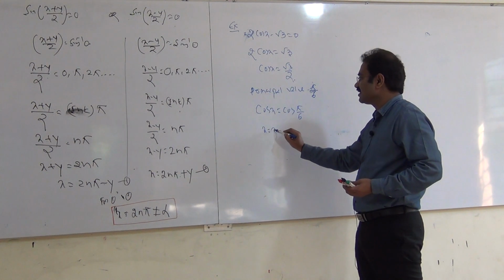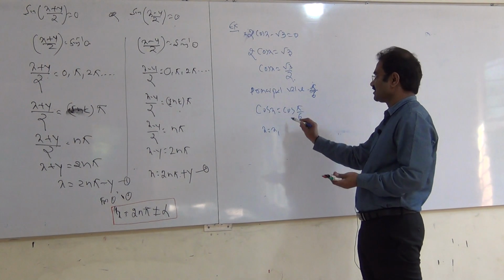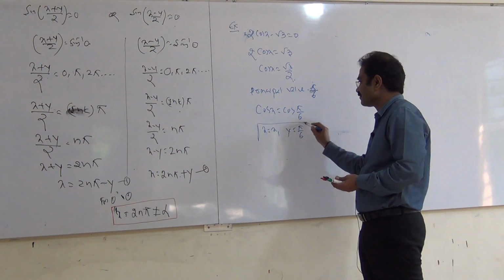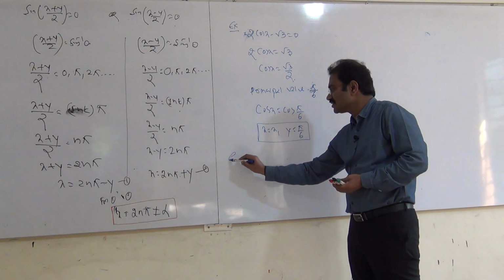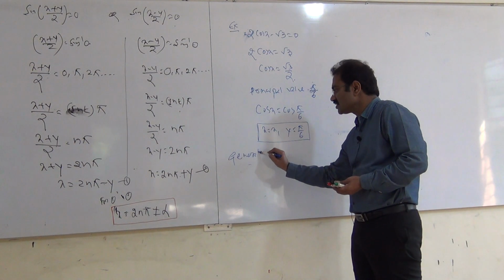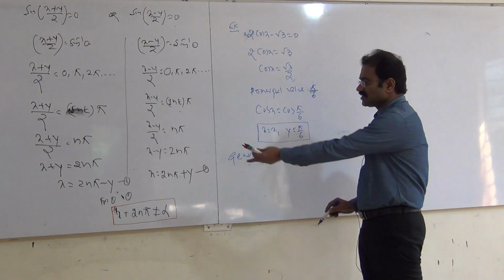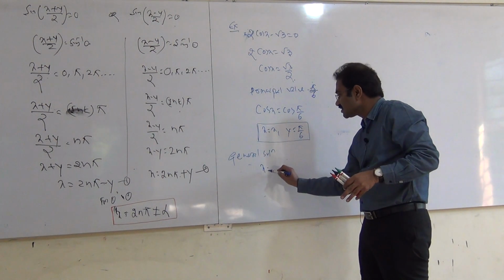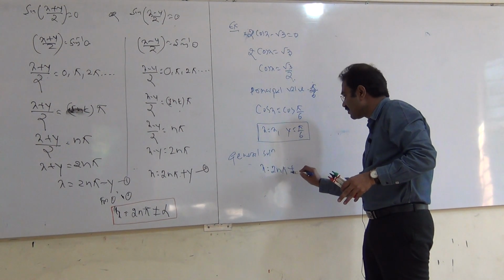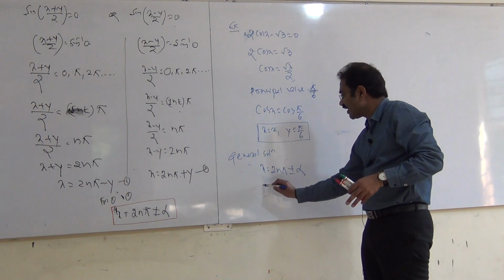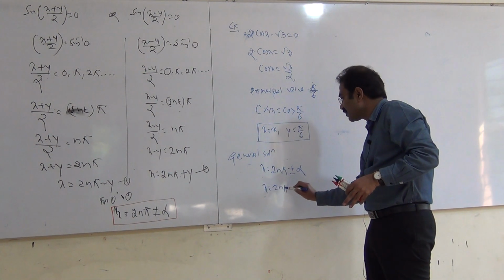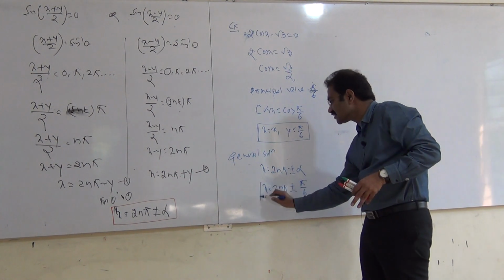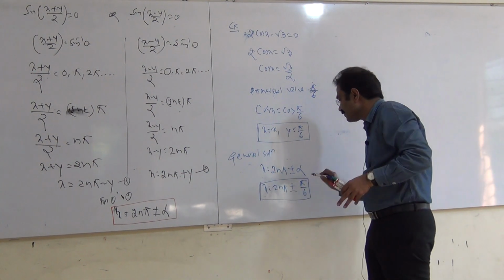It means that in the place of y, pi by 6. What is the general solution? General solution for cos is x is equal to 2n pi plus or minus alpha, which is 2n pi plus or minus pi by 6. This is the example.